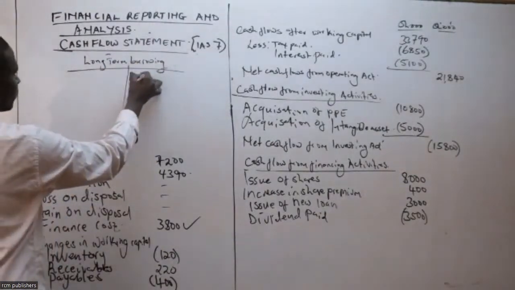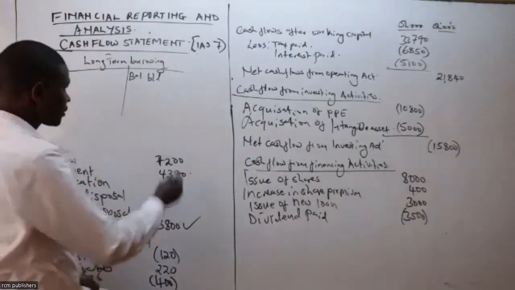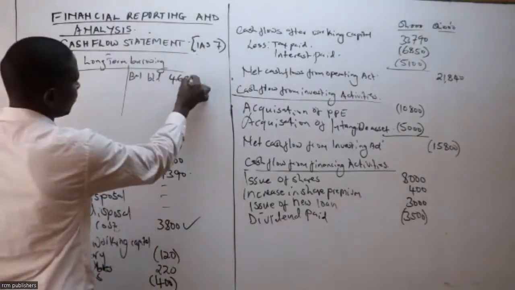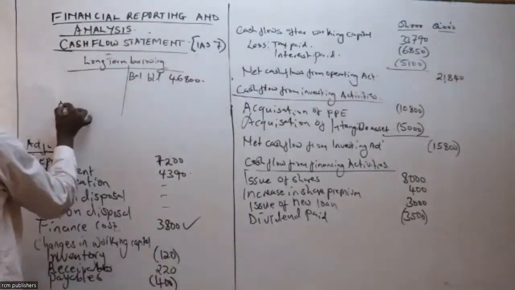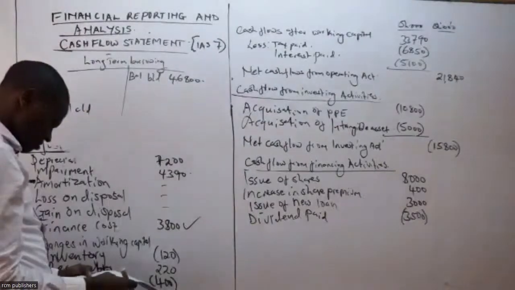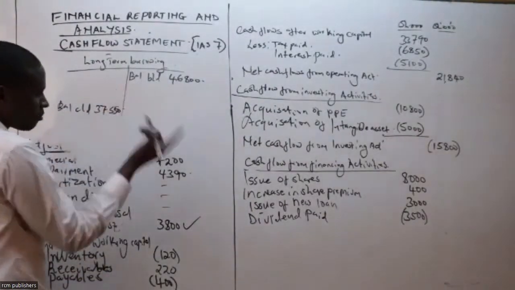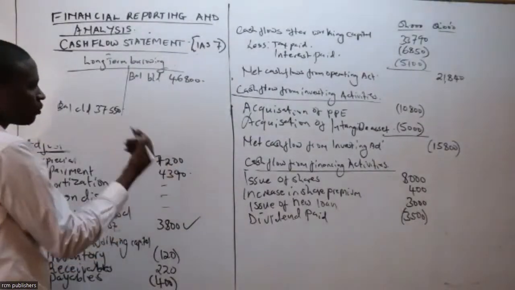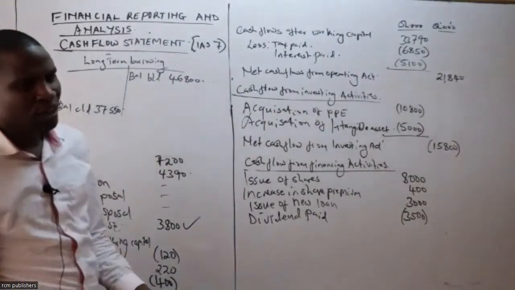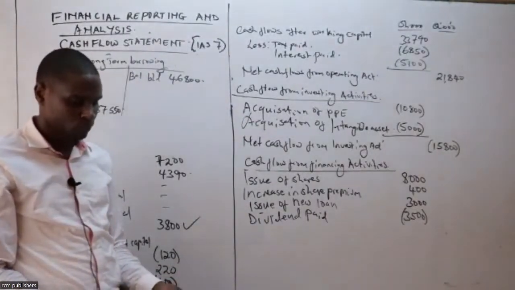So the balance brought down should be on this side, and the amount is 46,800, and then we have balance carried down of how much? That's 7,550. And then remember there's a loan that we have issued. What happened to the loan issued?